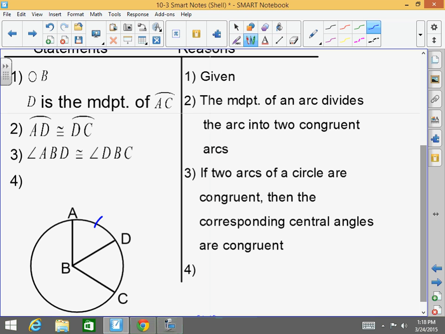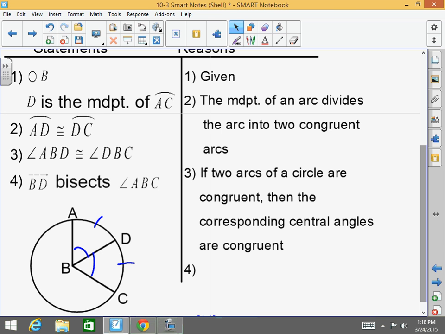If you know that arc AD is congruent to DC, then angle ABD is congruent to angle DBC. And what are we trying to prove here? We're trying to prove that BD bisects angle ABC, which we just did because of the definition of angle bisector. Very good, buddy. Good job. Proud of you. That was sharp.